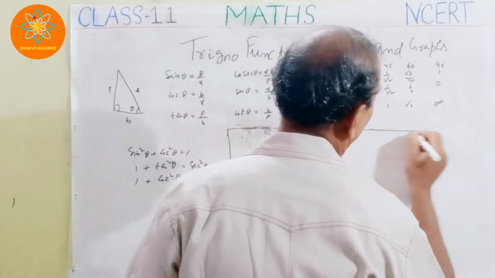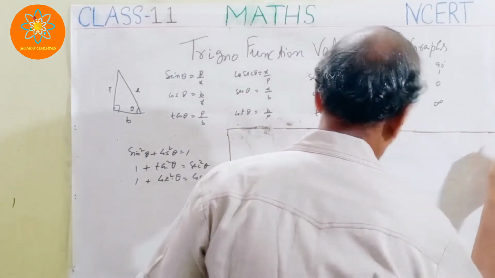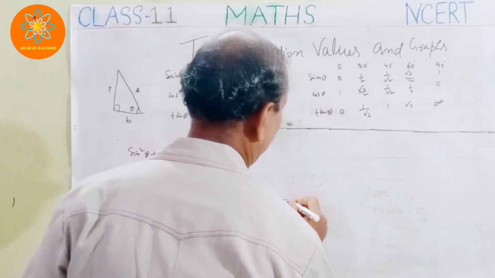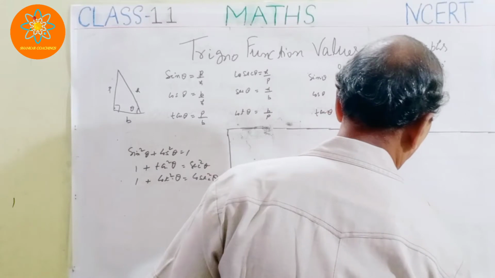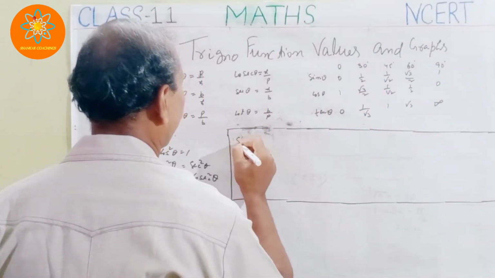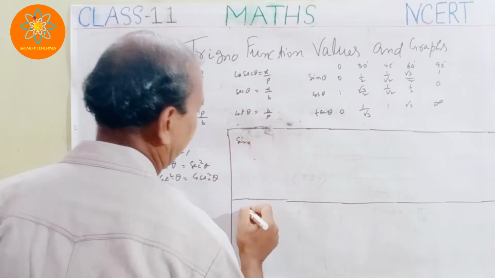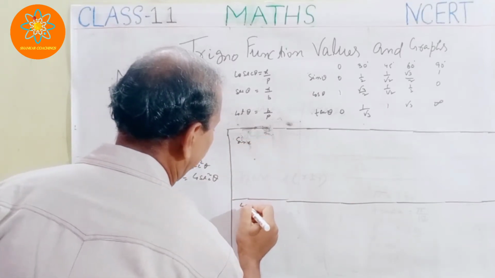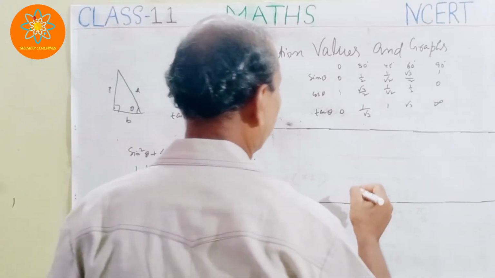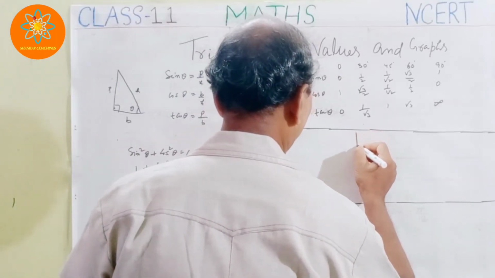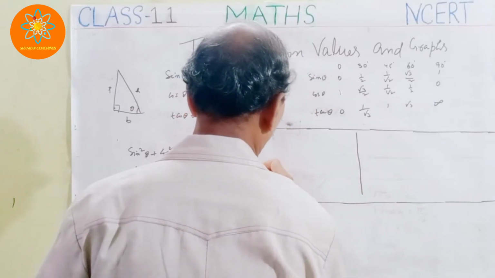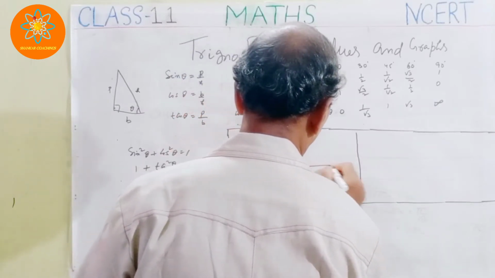So for the graph of sine x, and then I will draw the graph of cos x. For sine x and cos x, I will draw the axes first.